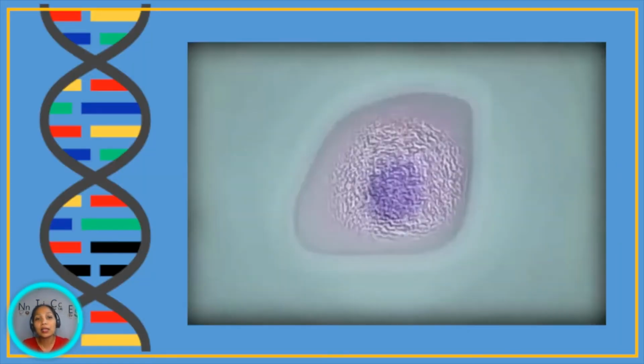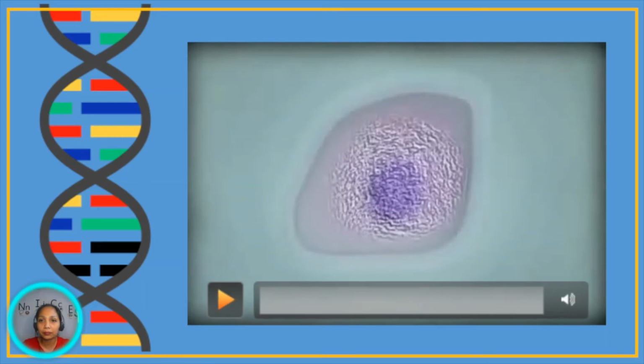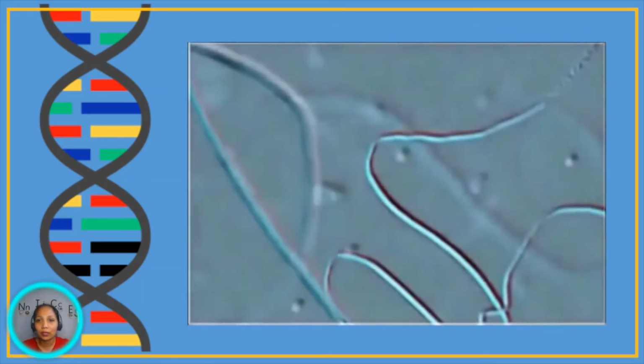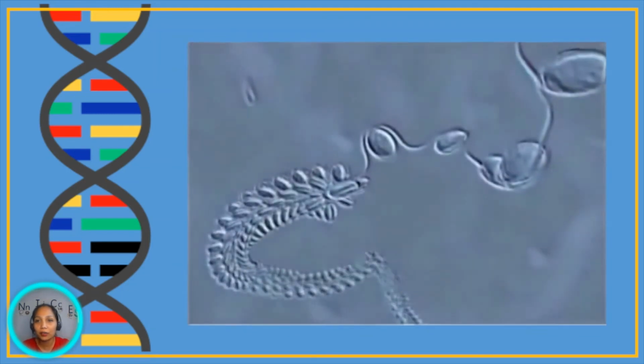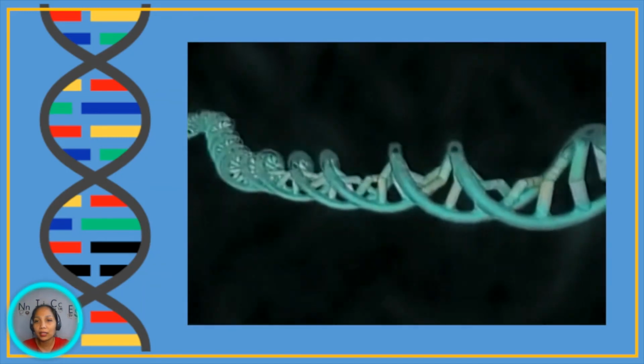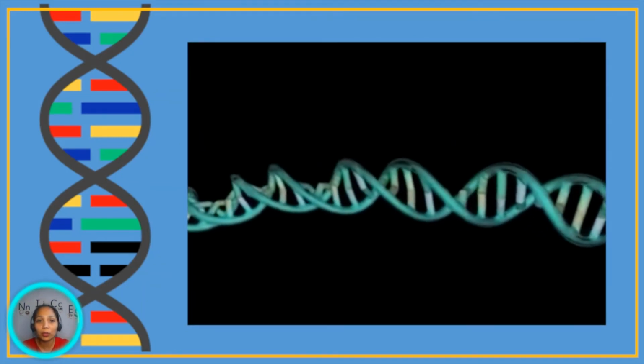Now let's take a look at this video showing what is inside the nucleus of the cell. That is the nucleus, and inside you can see the chromosomes. That is the DNA now. It's a double helix.